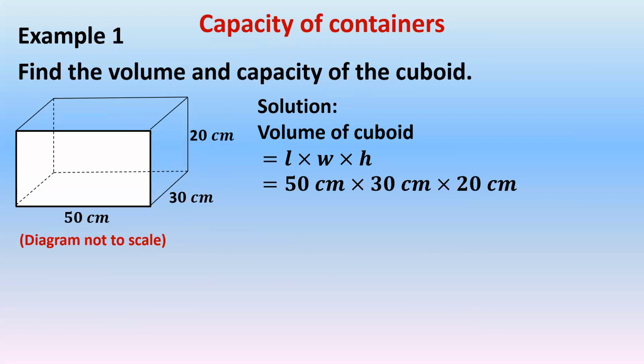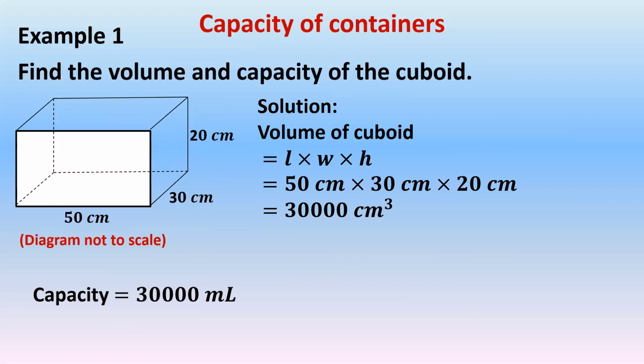Substituting the values, we get 50 centimeters multiplied by 30 centimeters multiplied by 20 centimeters. Simplifying this, we get 30,000 centimeter cube. We know that 1 centimeter cube is equal to 1 milliliter, so the capacity is 30,000 milliliters.